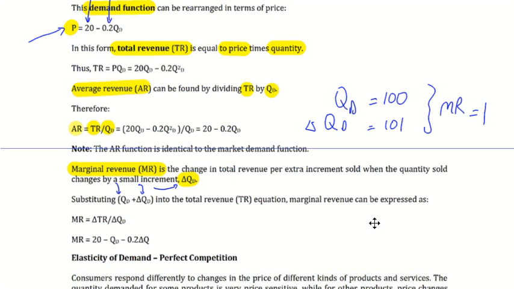We can then define marginal revenue as what? The change in total revenue, in other words, how much it changed by for additional units, divided by the change in quantity demanded. Again, we're just moving around equations, and marginal or additional revenue is then going to be equal to 20, which we've got from our first equation, minus 0.2 times the change in quantity demanded.